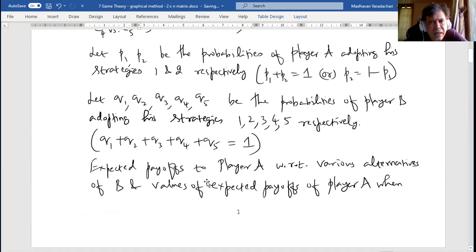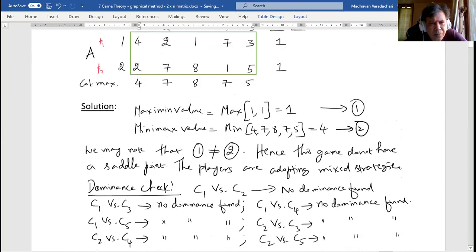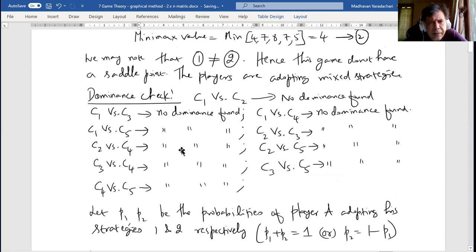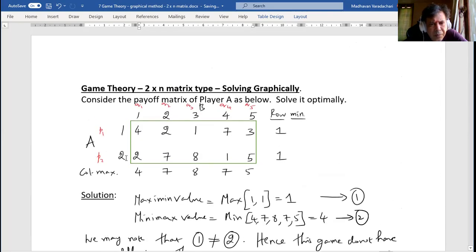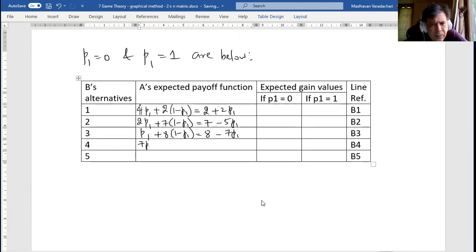Now, if the third alternative is adopted by B, what is A's payoff function? 1 times P1 plus 8 times 1 minus P1. That will give you P1 minus 8P1, which is minus 7 times P1, plus 8. Then the fourth alternative of B: 7P1 plus P2, P2 is 1 minus P1.